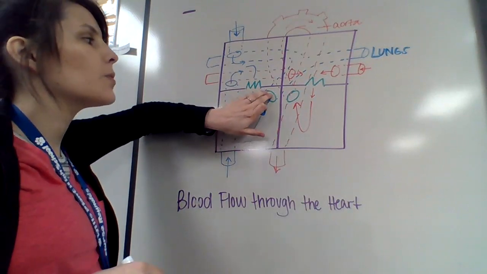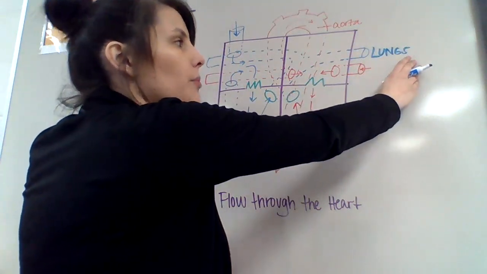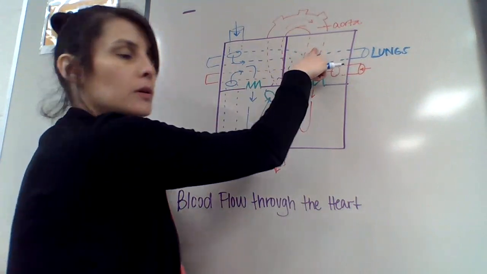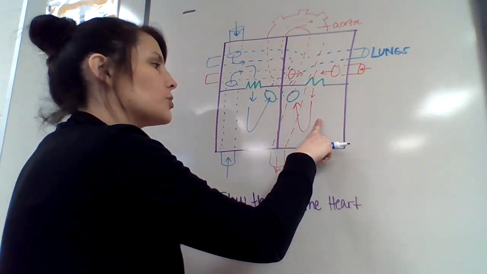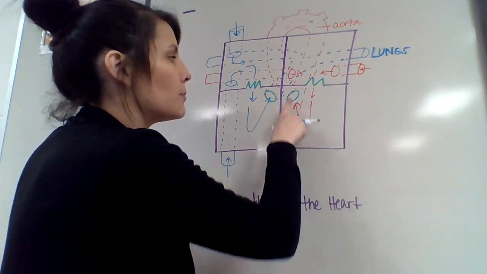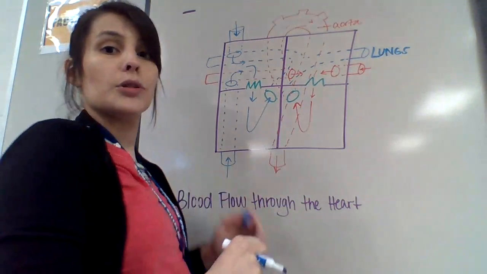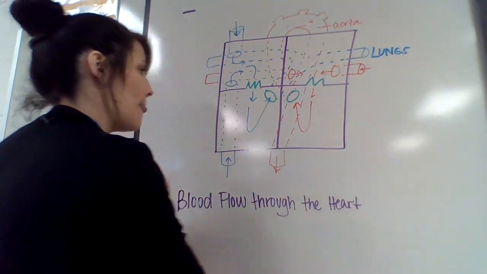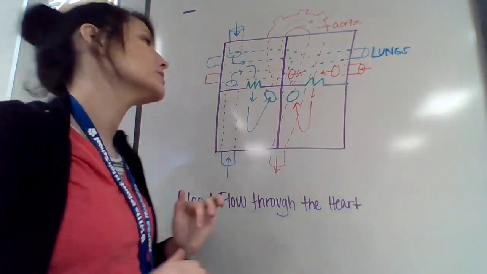It's going to go through the pulmonary valve to the pulmonary arteries, go to the lungs, pick up oxygen, come back through the pulmonary veins to the left atrium, go through the mitral or bicuspid valve into the left ventricle. Then it gets pumped through the aortic valve, through the aorta, and out to the rest of the body. So again, that's the blood flow through the entire heart.